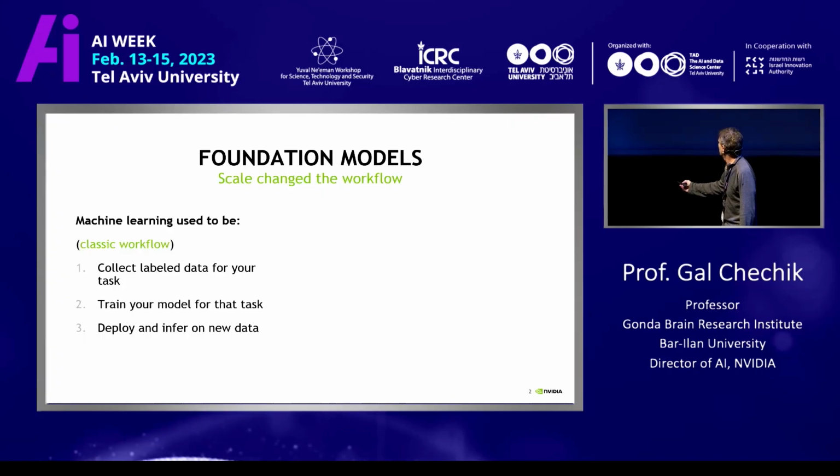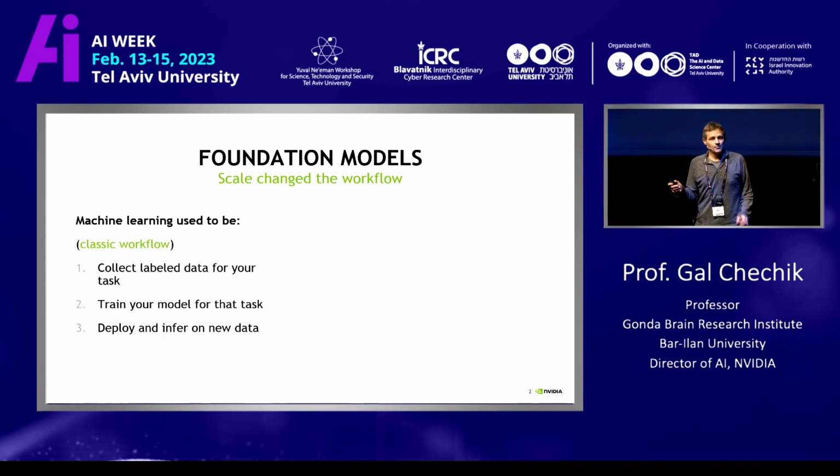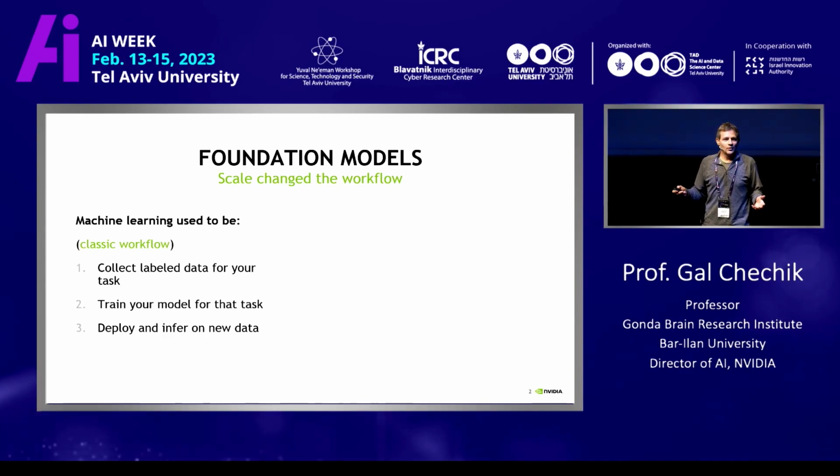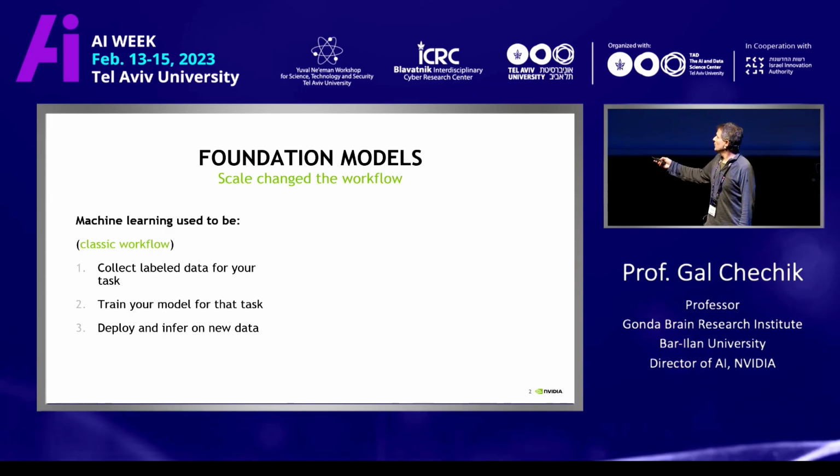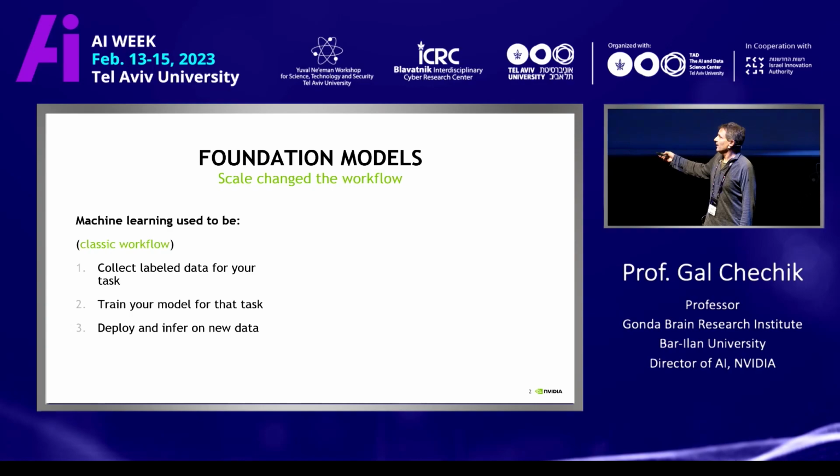I want to start with some context. If you go to any machine learning conference like two or three years ago, even AI Week, the standard workflow of machine learning would be you collect your labeled data, right?